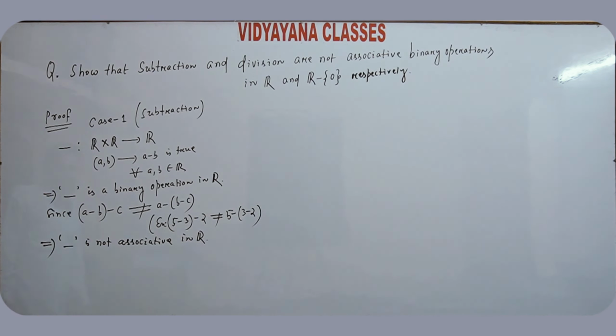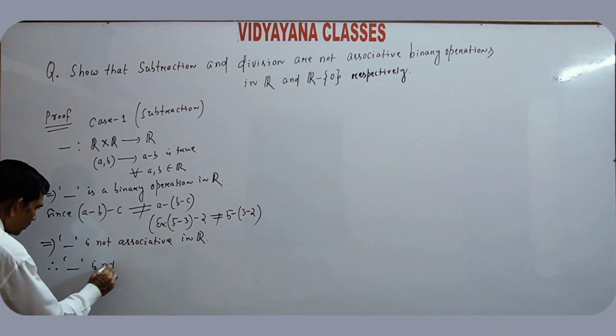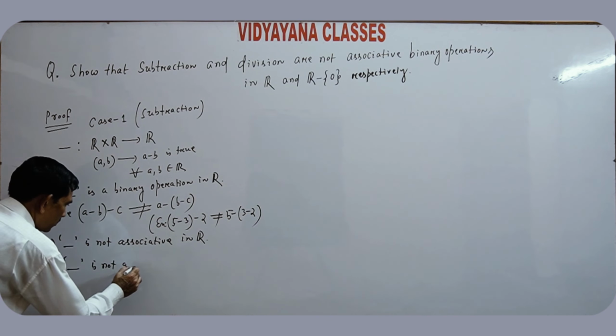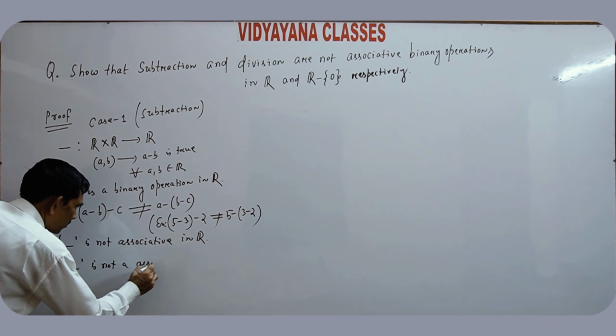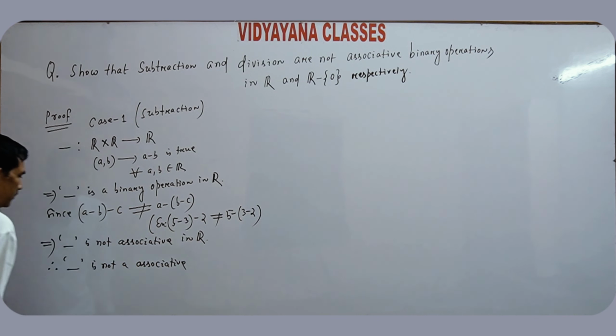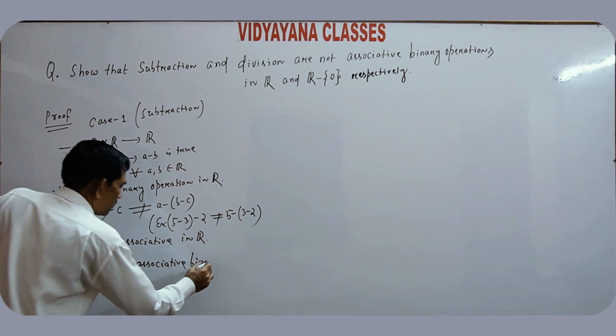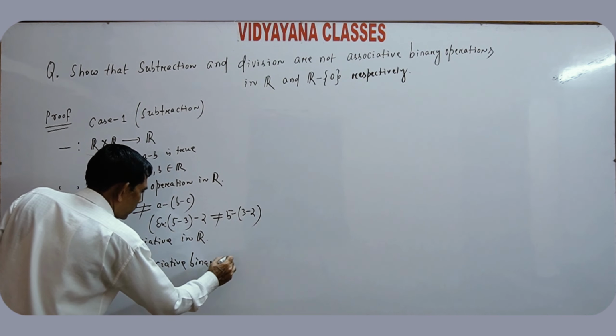In general, we can say, therefore, subtraction is not an associative binary operation.